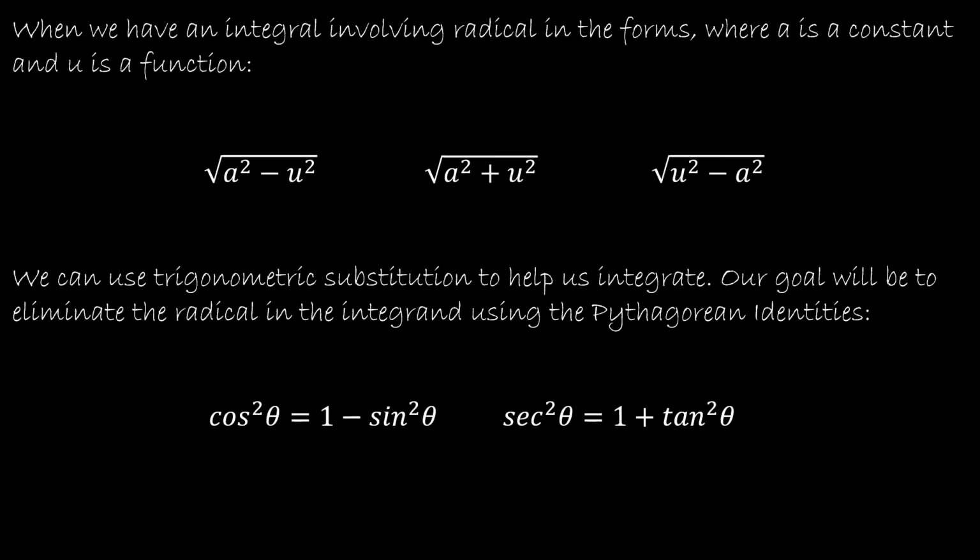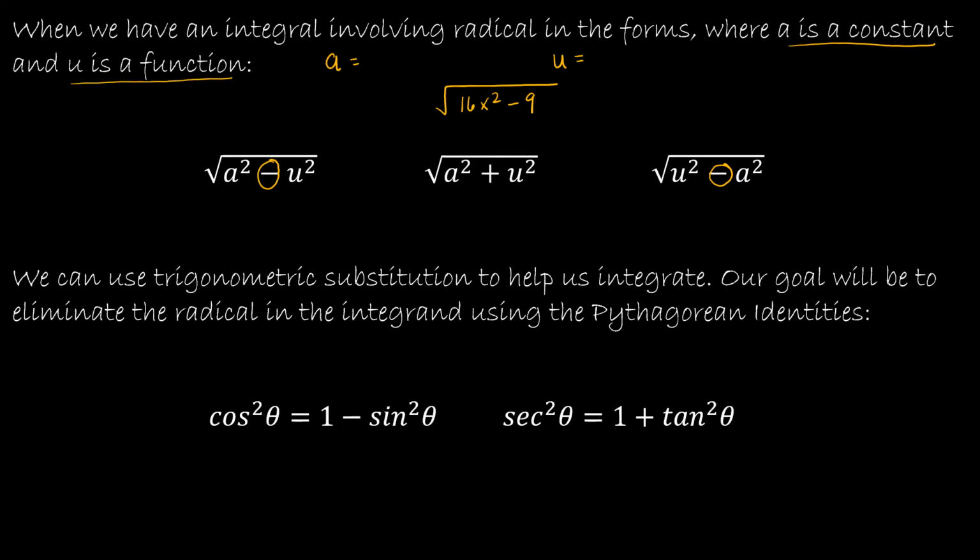So let's talk a little bit about it before we actually do it, just so we can see our way forward. The first thing I want you to understand is the difference between a and u, because I could have something like 16x squared minus 9, and I've got two patterns here that involve a subtraction, so I need to know which one is 16x squared minus 9. Well, a is going to be some constant, whereas u is going to be some function that involves x.